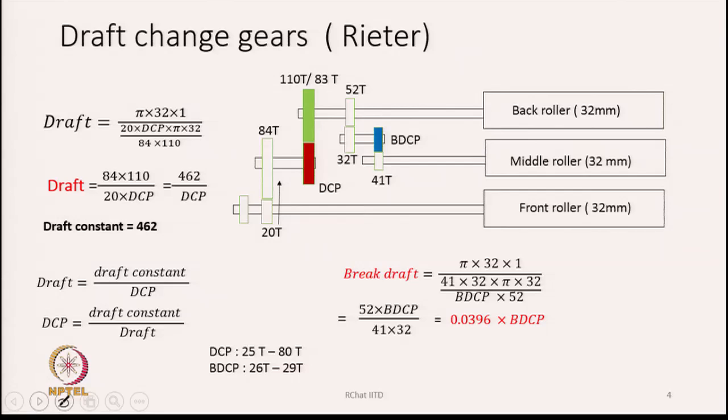Now, if we look at this particular gearing diagram, the various gears which are meshing with each other and their respective teeth are also shown. This is shown for a system where there are 3 pairs of rollers. Now, what is going to be the draft?